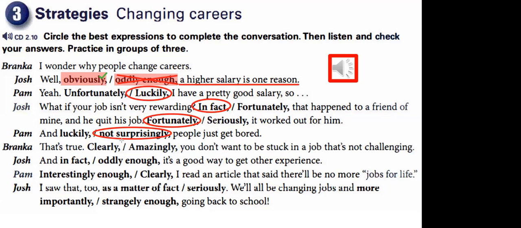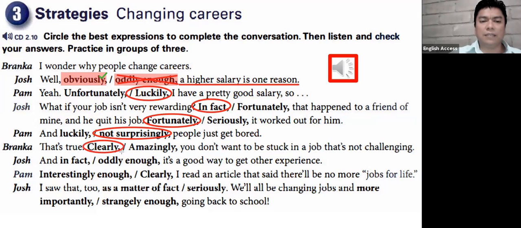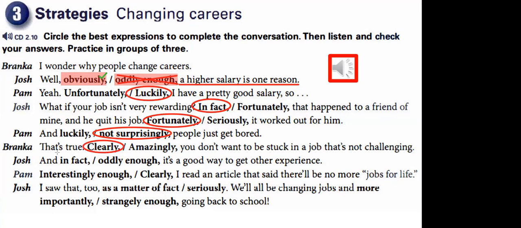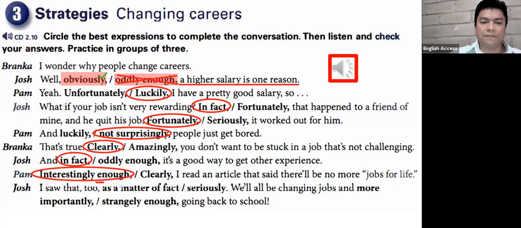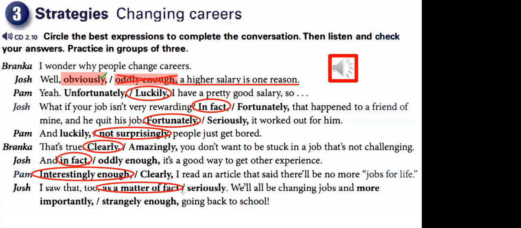Next, "clearly." Next, "in fact." Next, "interestingly enough," and next, "as a matter of fact," and the last one, "more importantly." Very good.